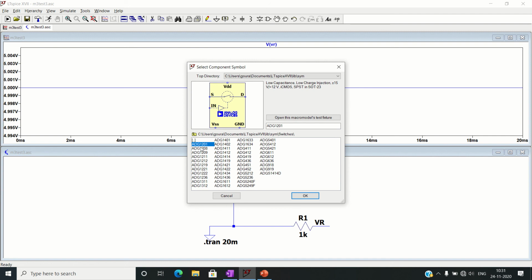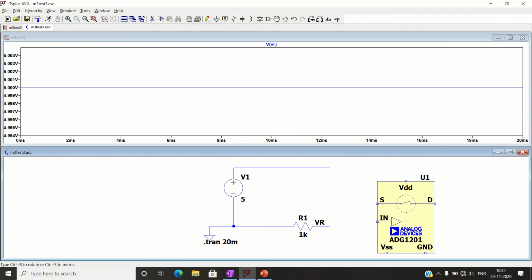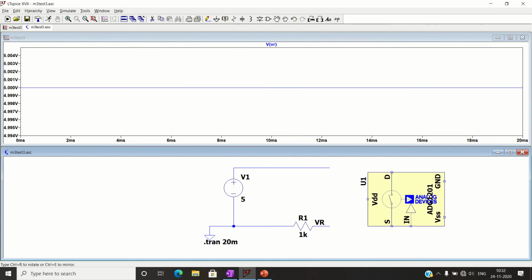This is one type of switch. It is a single pole single throw switch, which is based on a CMOS, you can say MOSFET. I will arrange it like this.